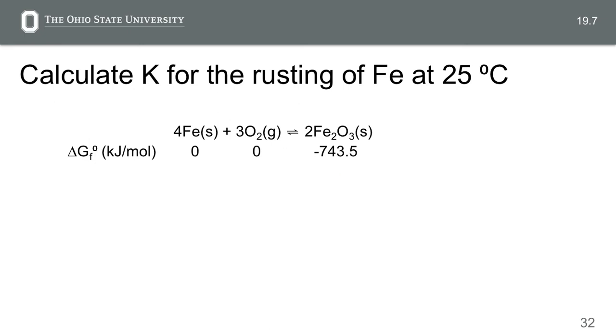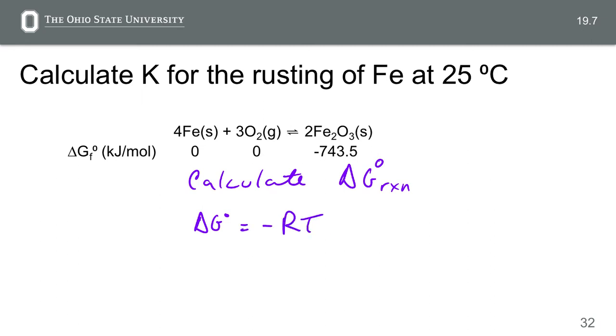So from this, we're going to calculate delta G for the reaction. And then from there, we're going to calculate K, where delta G equals minus R times T times the natural log of K, the equilibrium constant.